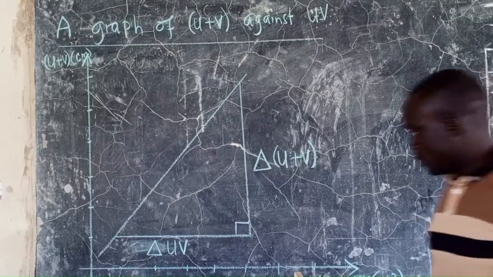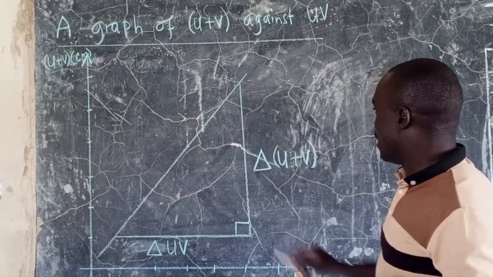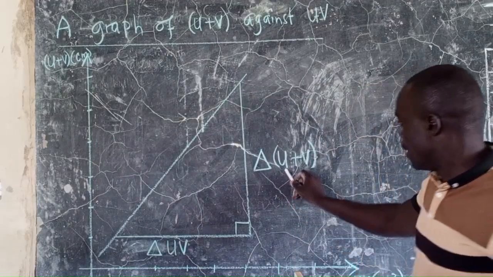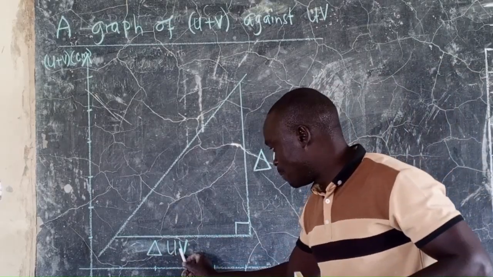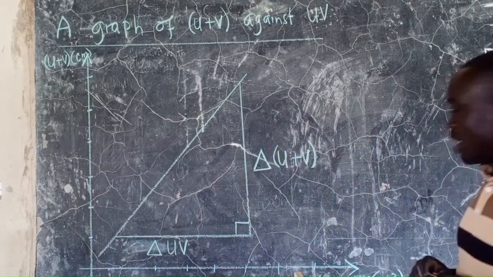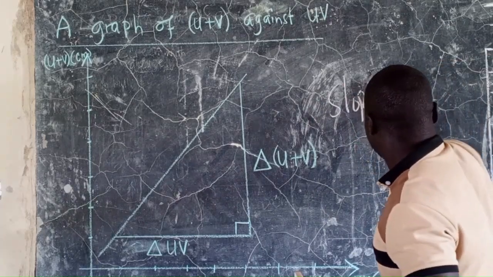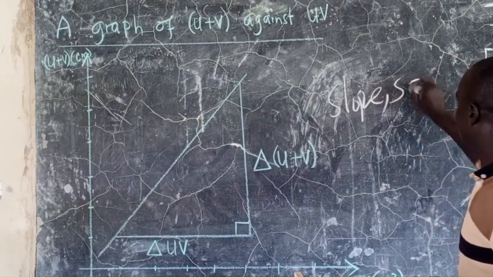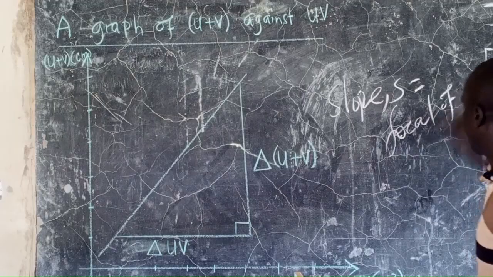Therefore, the slope of such a graph, if you have already plotted it, is the change in U plus V against the change in UV. The slope of the graph, S, is the same as the focal length of the lens.